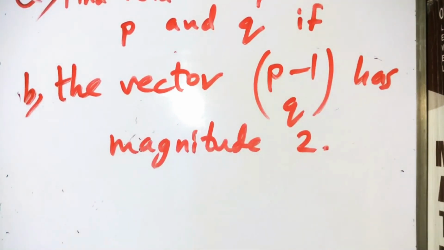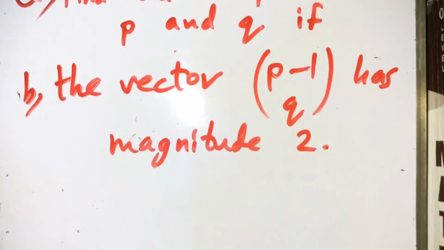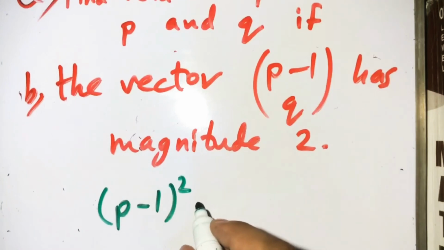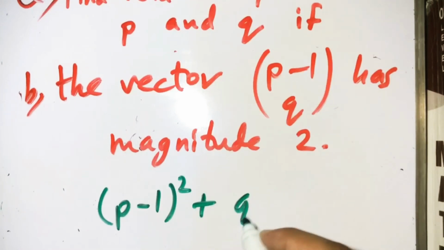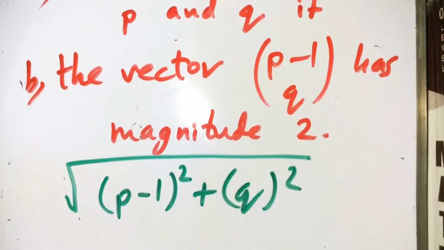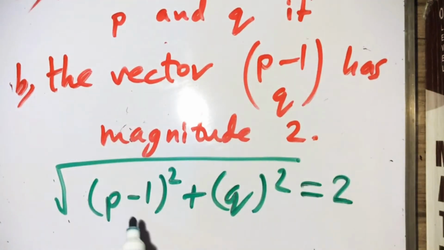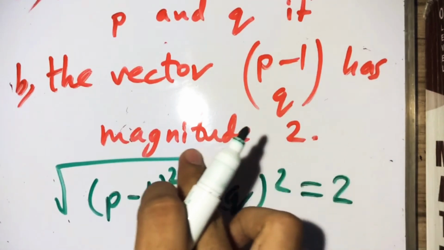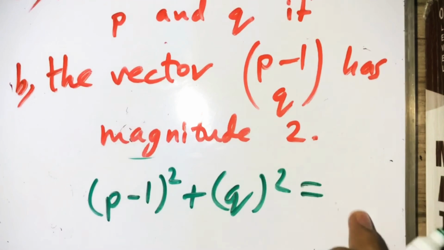Now to find the magnitude of this vector, we'll square the x value and the y value, add them under a square root. This is equal to 2. Now this square root will be shifted over there. It will become a square. So 2 squared will be 4.